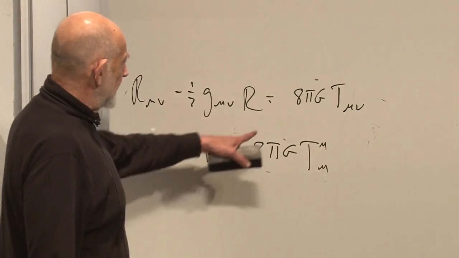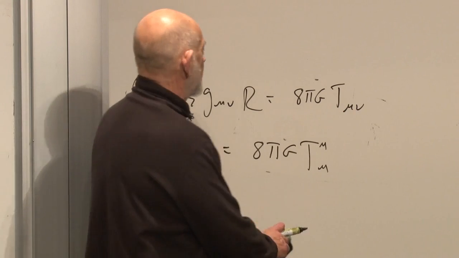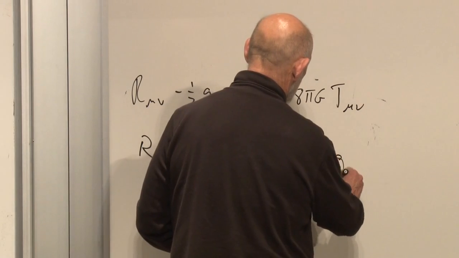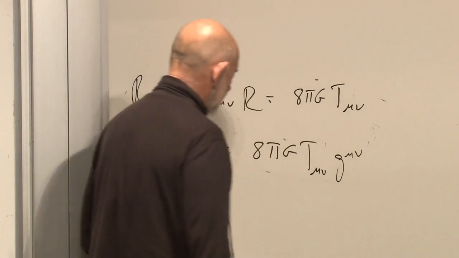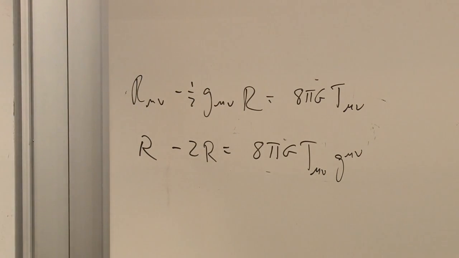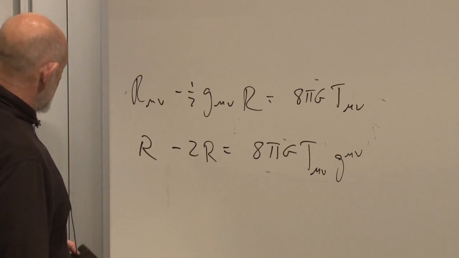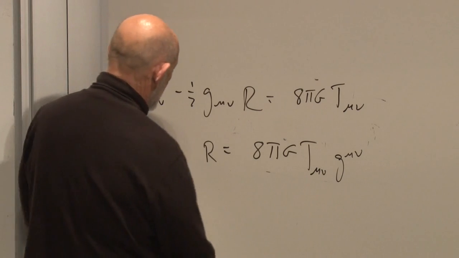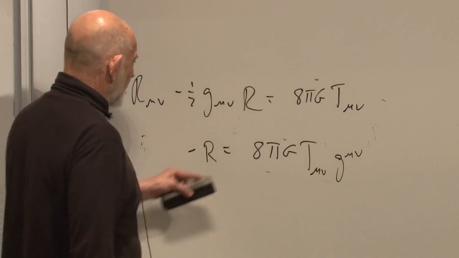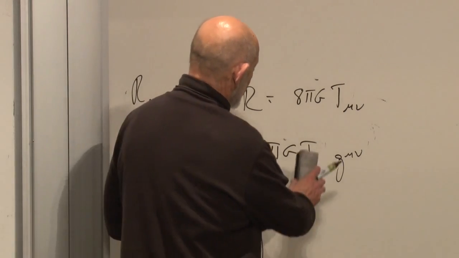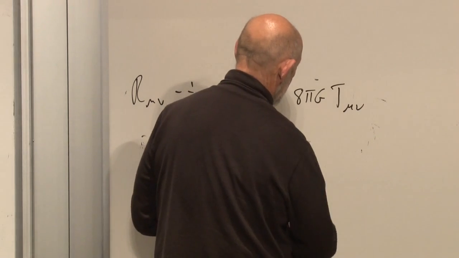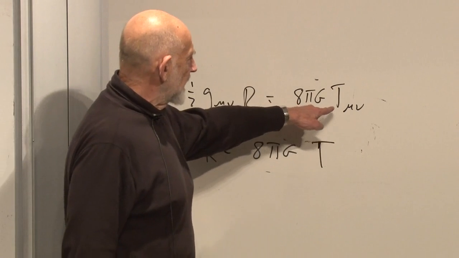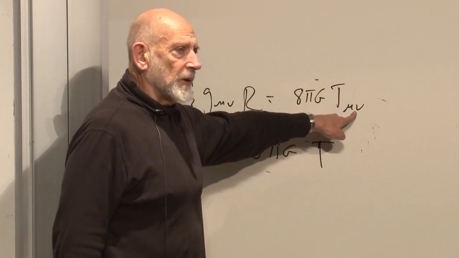I contract the index, which is the same thing as t mu nu g mu nu. So that now tells us that minus r equals 8 pi g, and let's just call it t. T is by definition the scalar that you get when you contract the two indices here.